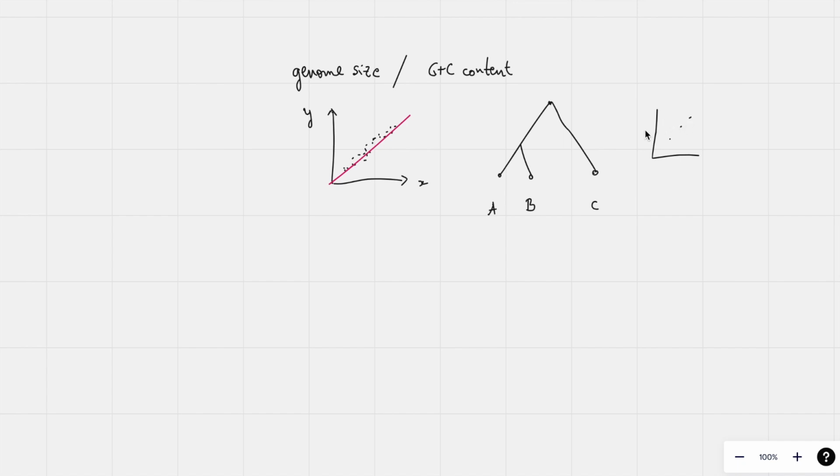But there is one big problem with this approach, is that the data here for species A, B, and C are not independent. So you could say, well, that doesn't matter so much, right? So after all, what matters is whether yes or no, there is a linear relationship between the points. Now let's consider what happens if there is a new species that is added in this tree here.